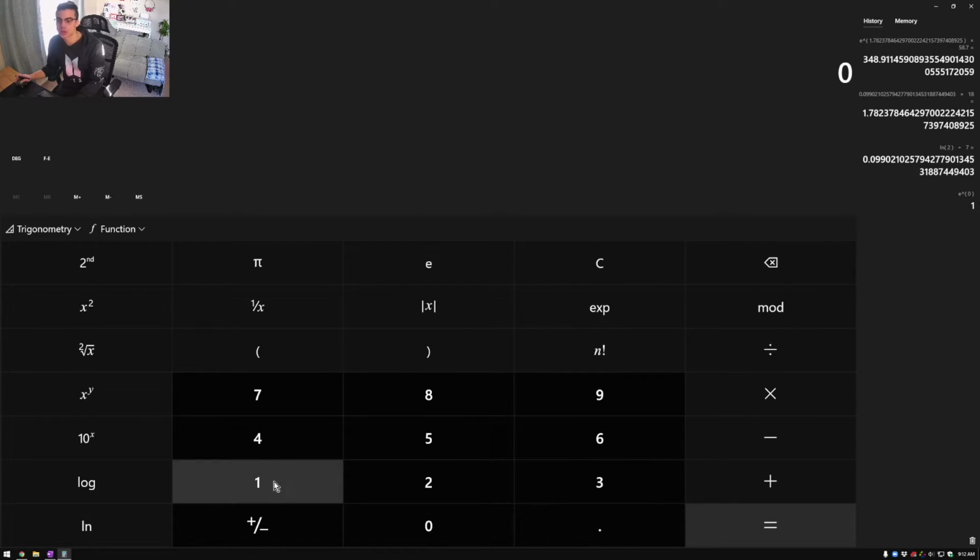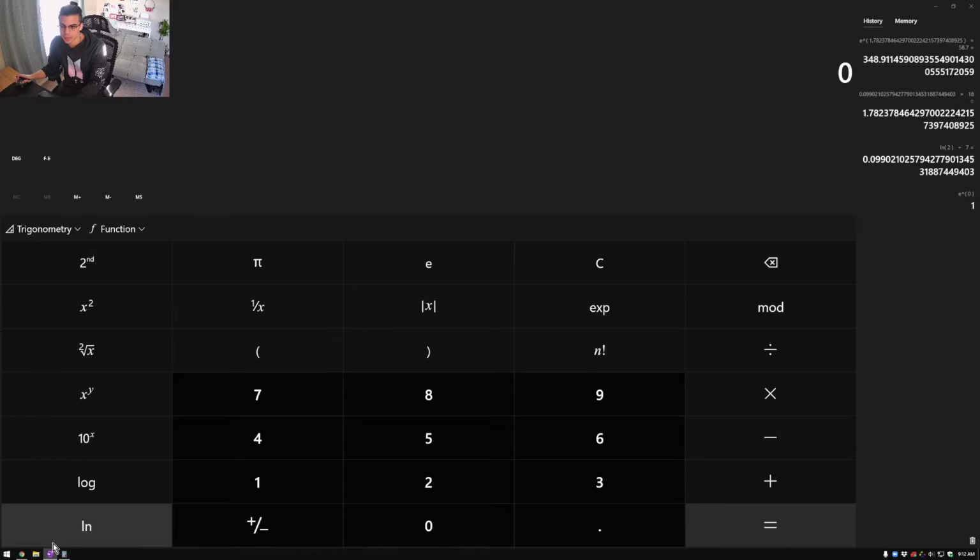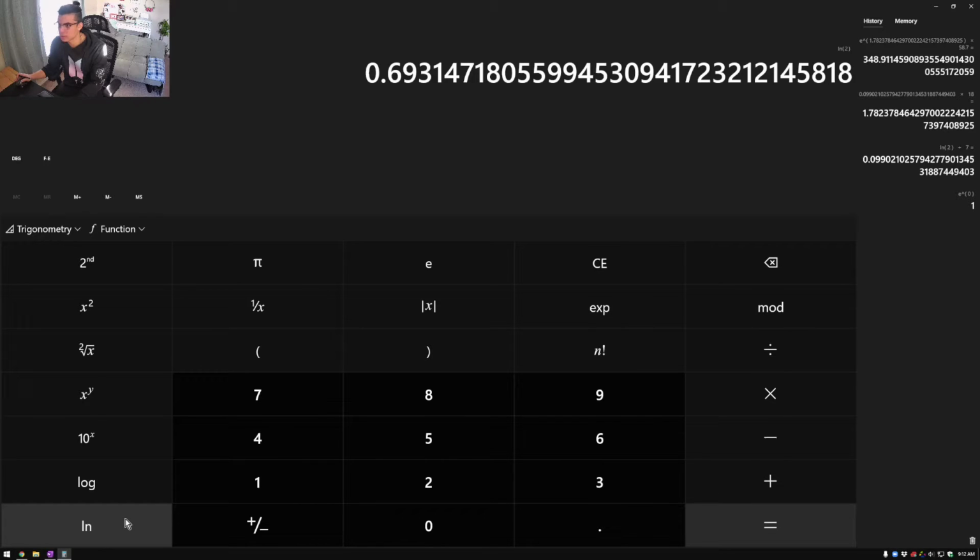If you are using the one on the phone, depending on the calculator, here I need to enter first 2 and then natural log.